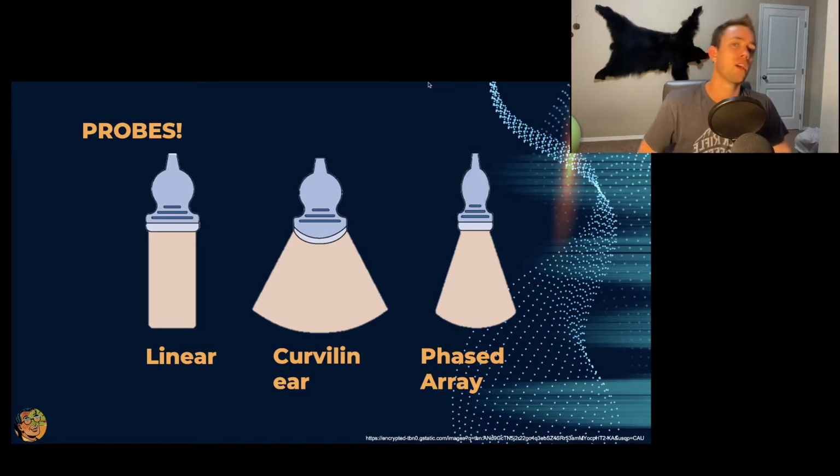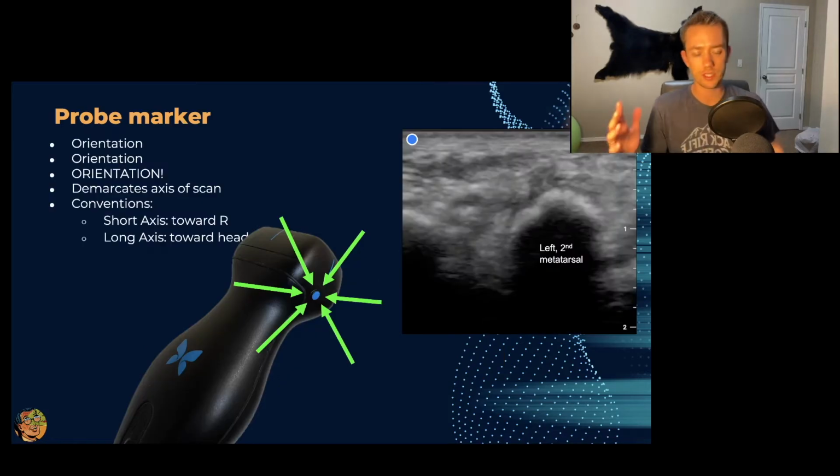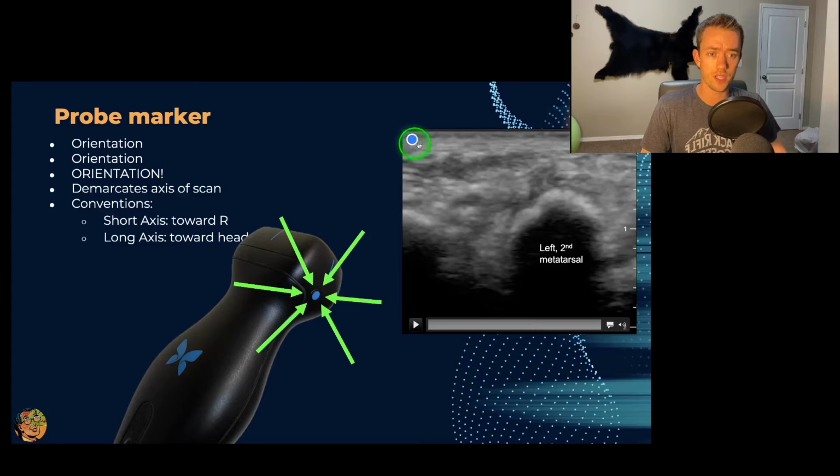So now that you have the probe picked out, let's get oriented. You want to understand why you're placing the probe on a patient a certain way. You want to be able to interpret the image that you get on the other end, and that has everything to do with this guy right here. That probe marker is going to correlate with this dot right here on the screen.